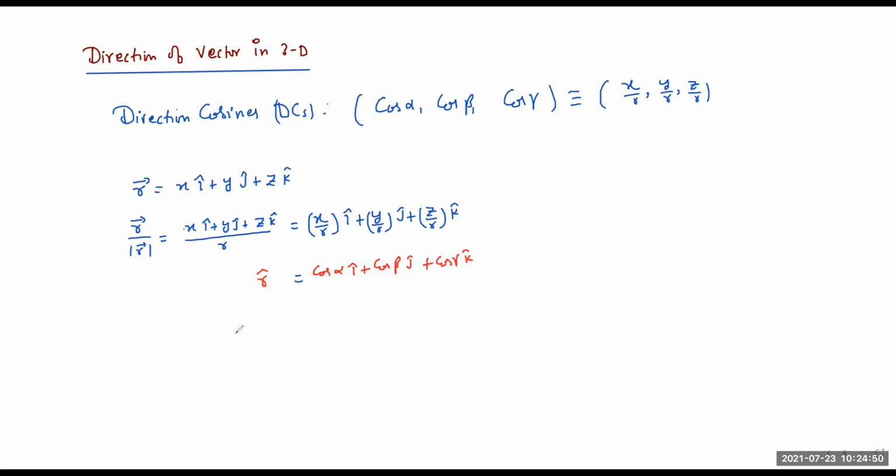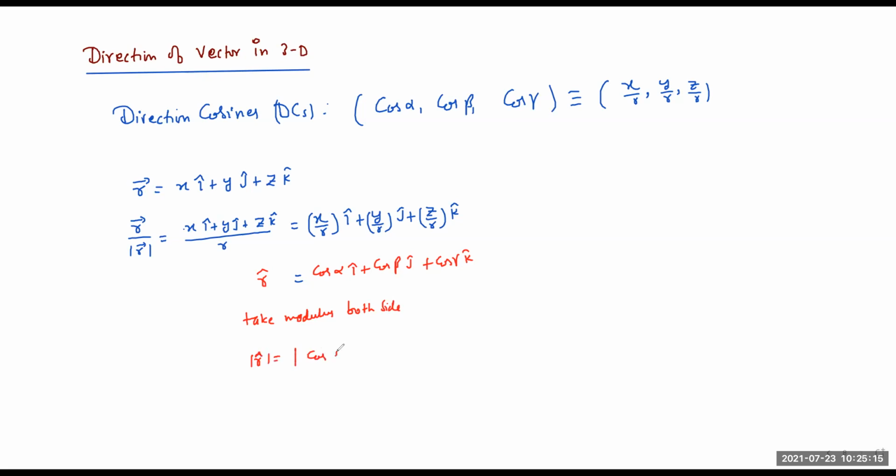And what is the length of a unit vector? 1. Very good. So now we know the length is 1. So if I take the modulus on both sides, r cap modulus will be how much?